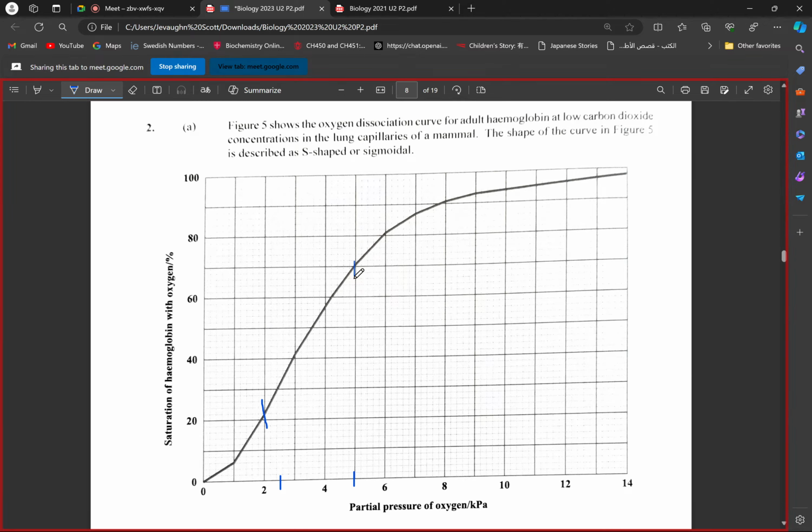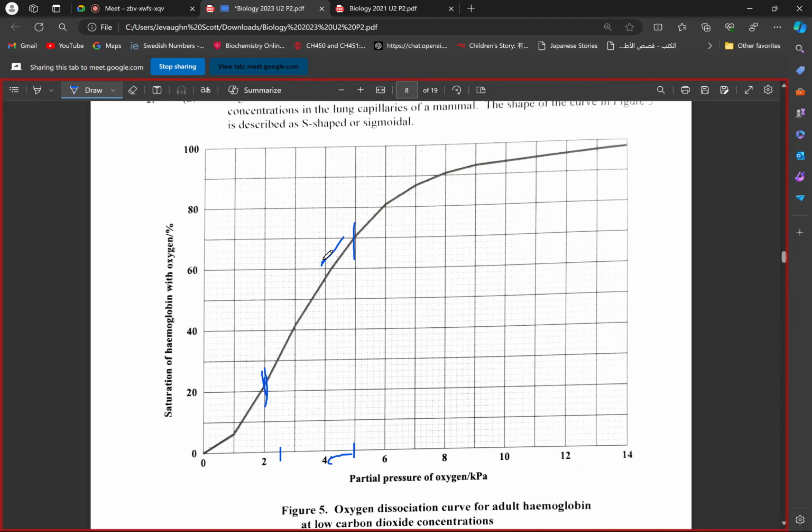Hopefully we understand what the question is talking about, right? So if we have a drop from 5 to 4, right, we're going to have an exponential drop like this, right? So hemoglobin saturation is especially sensitive to partial pressure of oxygen at this part of the curve, right? All we're asked to do is discuss the importance in mammals specifically. Just the importance of that curve in mammals.